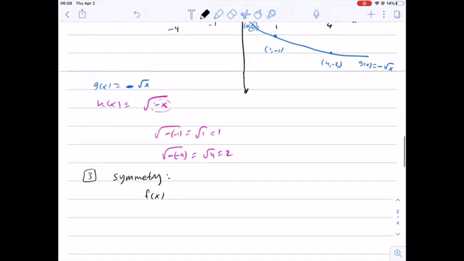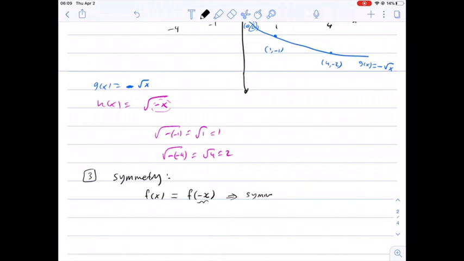If we have a function f of x and we change the sign of the variable, and graph the function, we obtain the same function. Or if we substitute negative x in the function, that will not affect the function, we still get the same function.